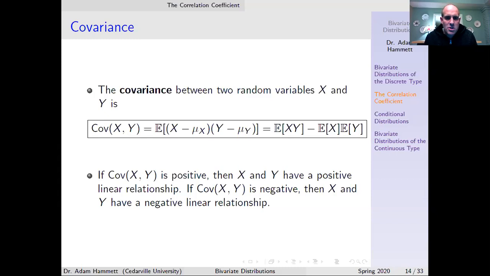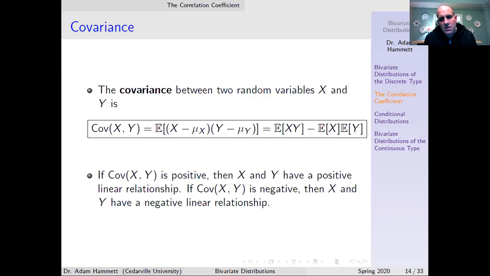First of all, what we do is we look at the product of x compared with its mean times y compared with its mean. Take the difference between those two. And what I said was, suppose that this covariance ends up being positive.